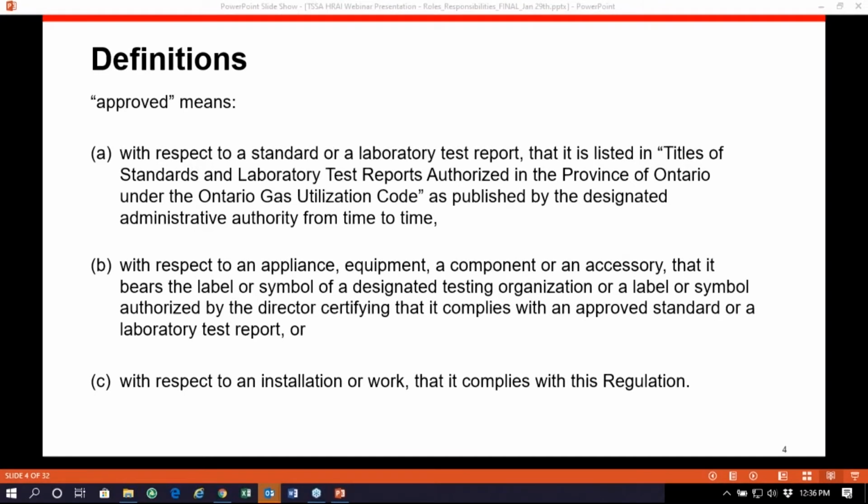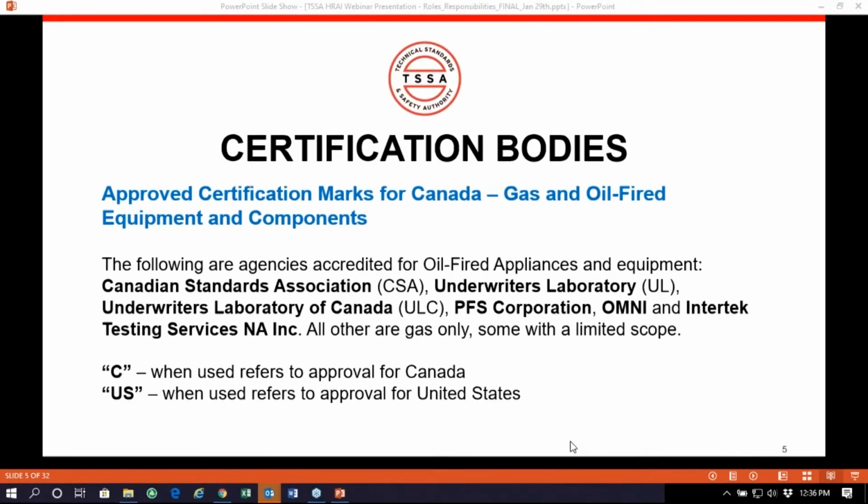So these next couple of slides will show you some of the certification bodies in Ontario. These are approved certification marks for Canada for gas and oil-fired equipment and their components.